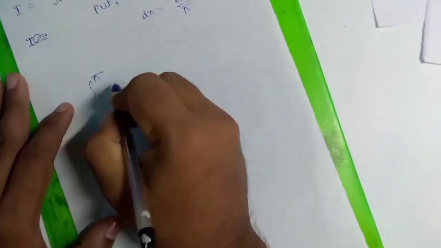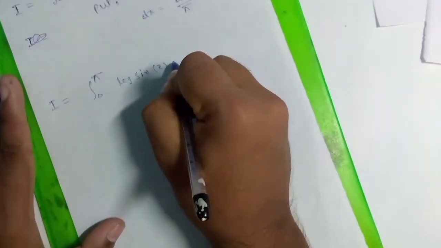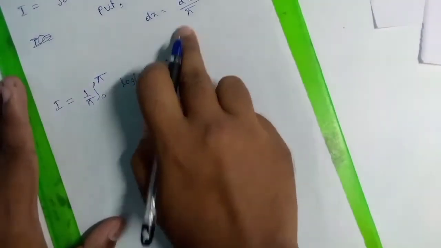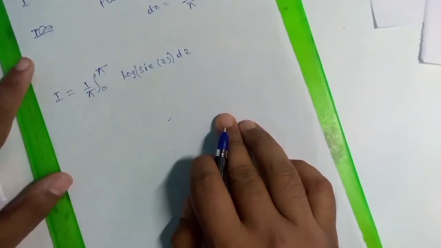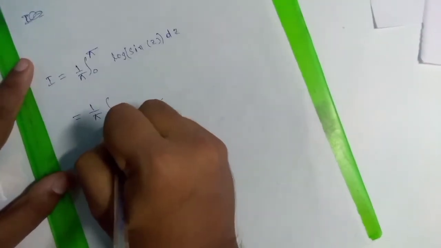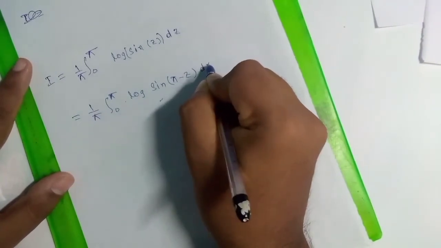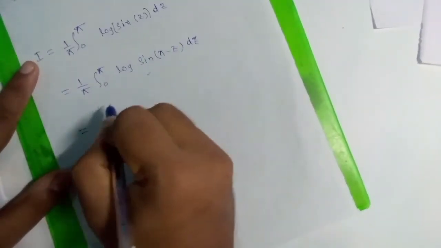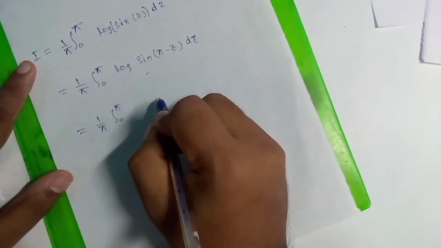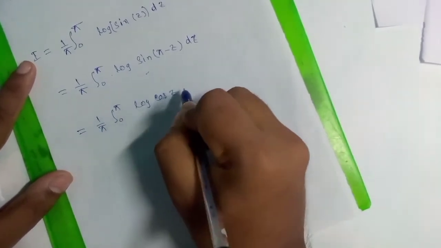So I is equal to 1 by pi integral 0 to pi log of sin z dz. If we use the property, integral 0 to pi of log sin of pi minus z dz, this comes 1 by pi integral 0 to pi log of cos z dz.